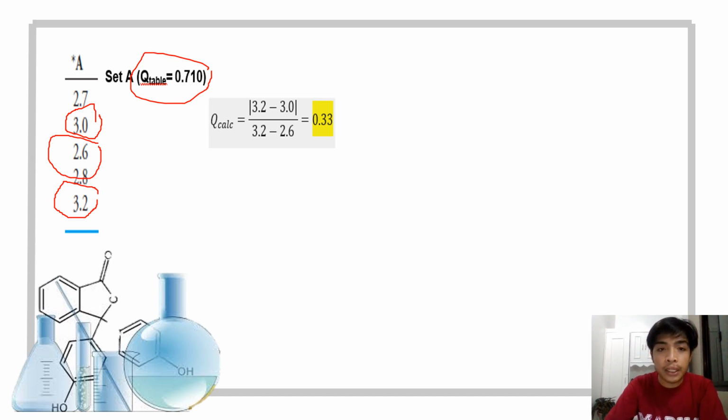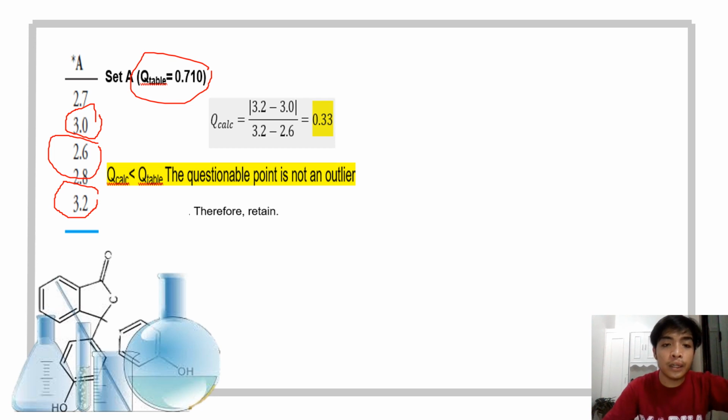And 0.33 is less than 0.710, therefore Q calculated is less than Q table, meaning the questionable point is not an outlier. Therefore, we will retain it, or keep it.